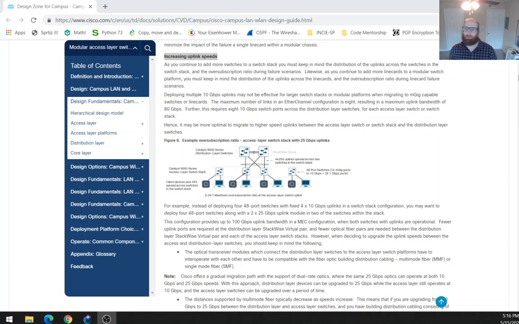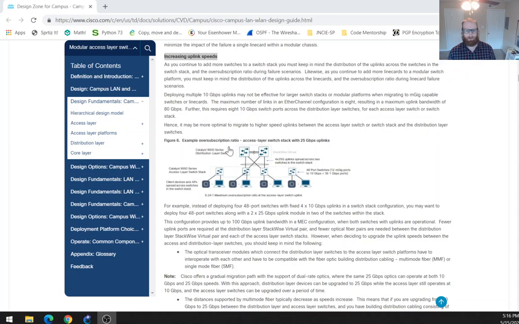The maximum number of links in an EtherChannel configuration is 8, resulting in a maximum uplink bandwidth of 80 Gbps. Further, this requires 10 Gbps switch ports across the distribution layer switches for each access layer switch or switch stack. Hence, it may be more optimal to migrate to higher speed links between the access layer switch or switch stack and the distribution layer switches.